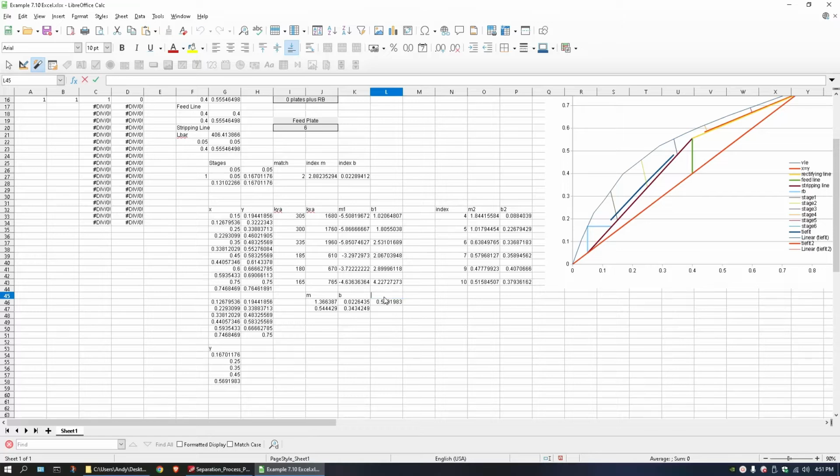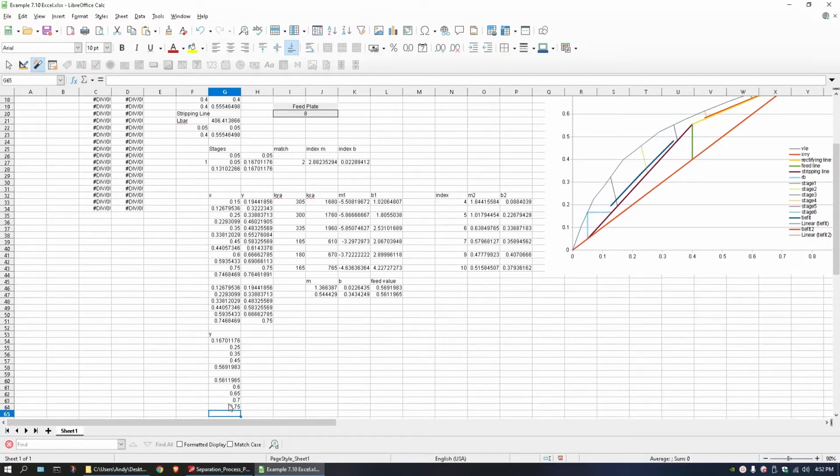Call this feed value, or technically it's the end or the start. So for our rectifying section, this is all the stripping. Our rectifying section is going to start at the rectifying point, which is close but not exactly. These don't intersect like they are predicted to, but there's not a whole lot you can do. The rest of the values are 0.6, 0.65, 0.70, and 0.75.